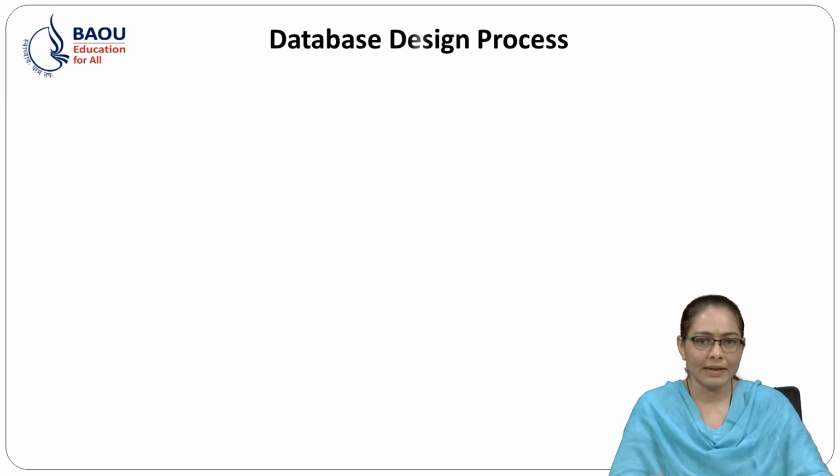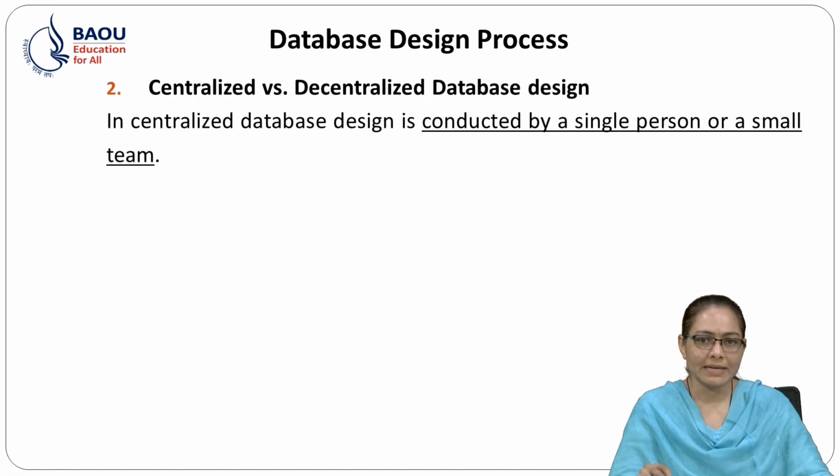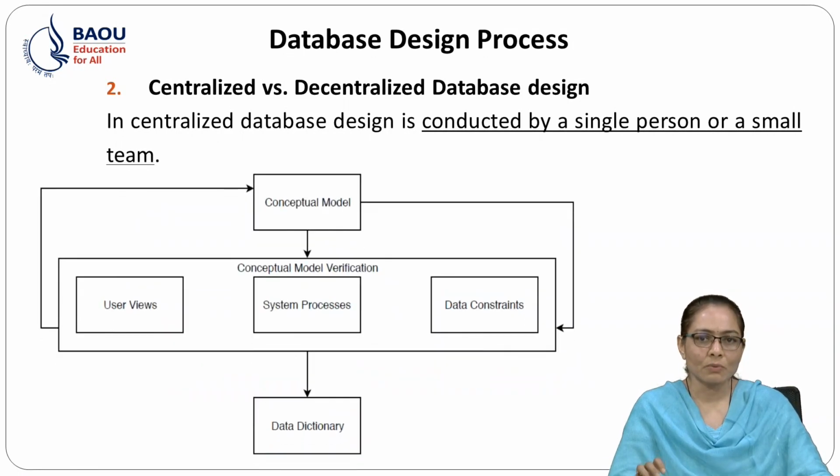Now, the next one is centralized versus decentralized database design. In centralized design, the database design is conducted by a single person or a small team, as shown in the figure. At the conceptual level, all the verification of the data and its constraints is done, and then all the data is stored in a data dictionary, and all the data and relationships are in one place.